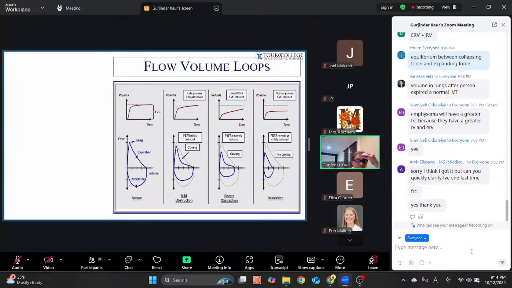You will learn it all in second year, but at least you know a little bit how these curves on spirometry should look. If it's obstruction, you will see this coving. If it's restrictive disease, you'll see similar to normal, but very small numbers there. Okay? That's all you need to know for this exam. Okay? Clear?